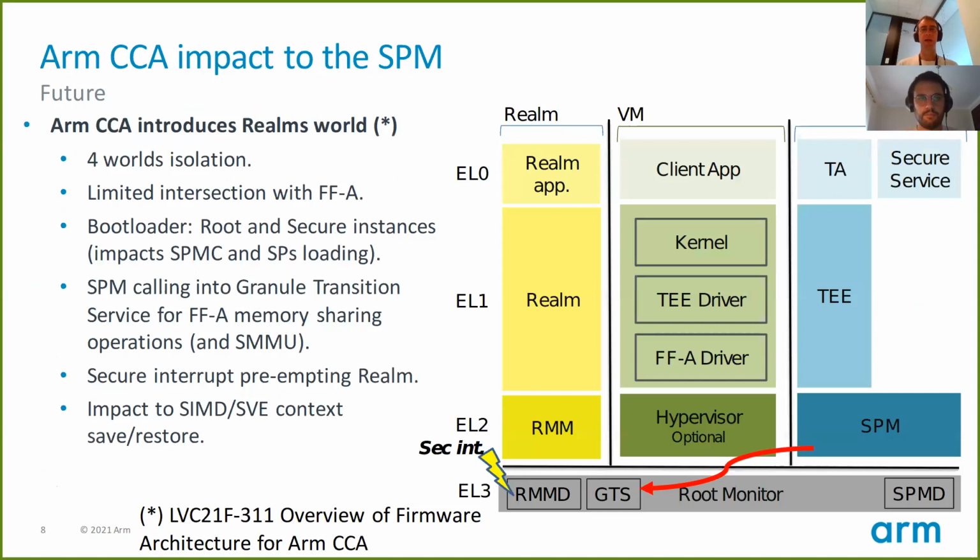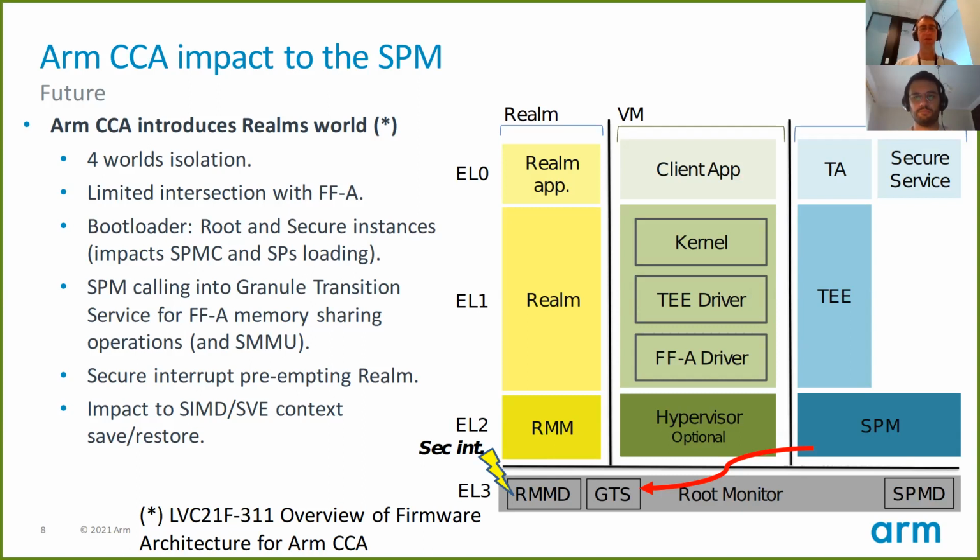And briefly, what is the Arm CCA impact to the SPM? Same picture, but adding the realm world on the left-hand side. So eventually that's a four-world isolation. We expect a limited intersection with FF-A, but the main changes are that the SPM has to call into the granule transition service for FF-A memory sharing operations and for the SMMU driver.